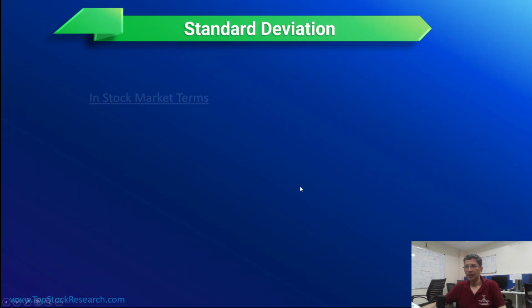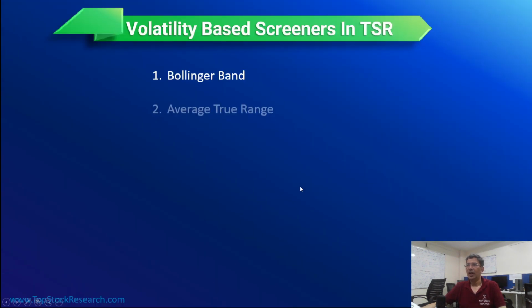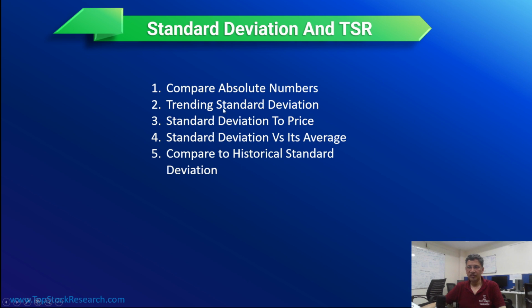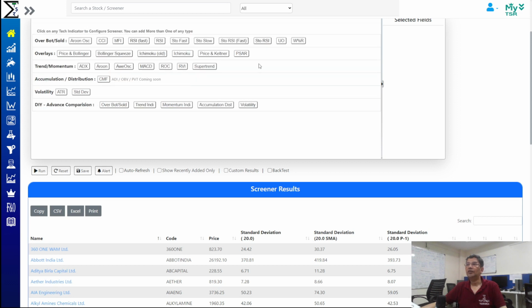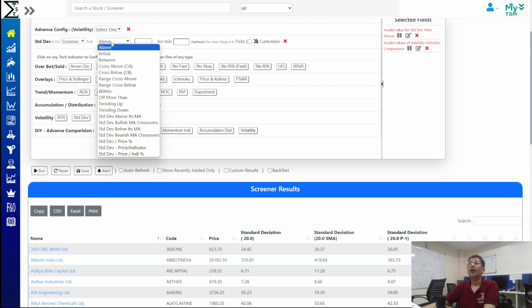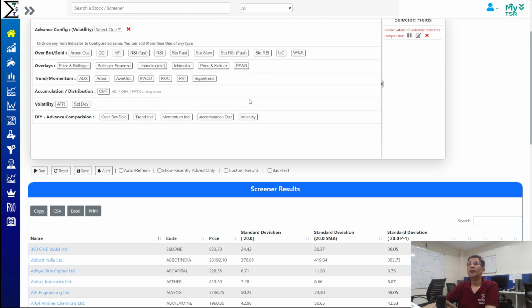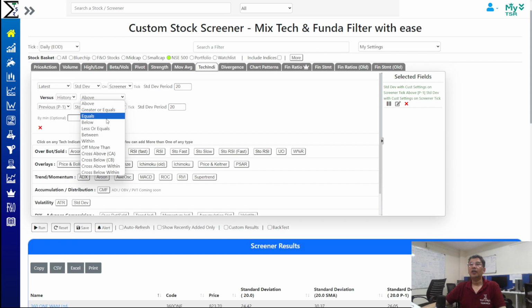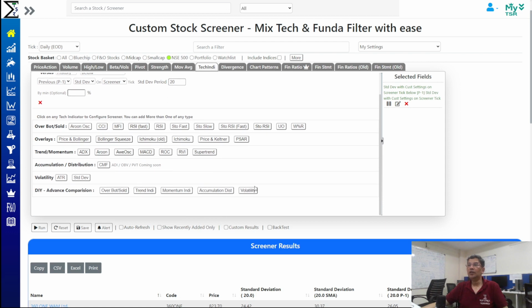We hope that you liked it, right? What we have in the presentation after this, I think we have covered pretty much about it: comparing absolute numbers, trending standard deviation to price, standard deviation its average, and you can also say whatever the standard deviation vis-a-vis previous levels, right? Like in this example, we close this, we go here, and I want standard deviation to be much lower than previous level, right? So sorry, not this one. Yeah, over here you select standard deviation, it is below or above previous level, then the previous is again below the previous level.